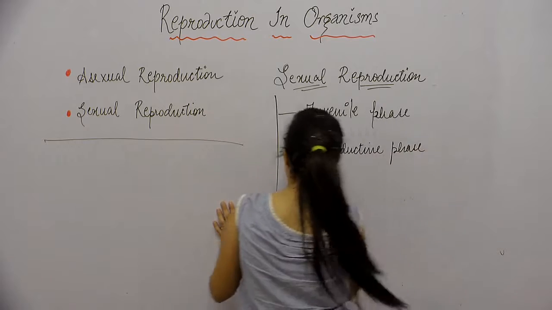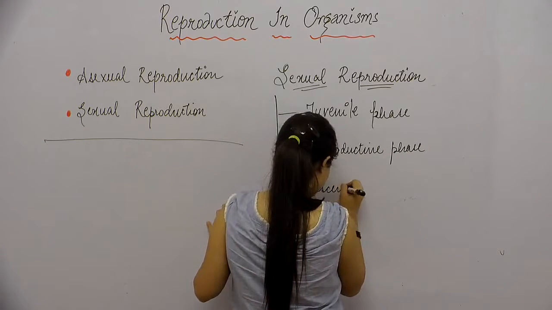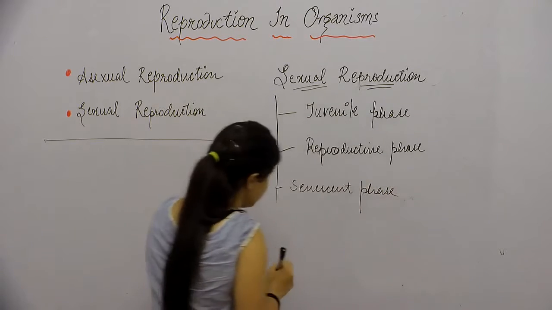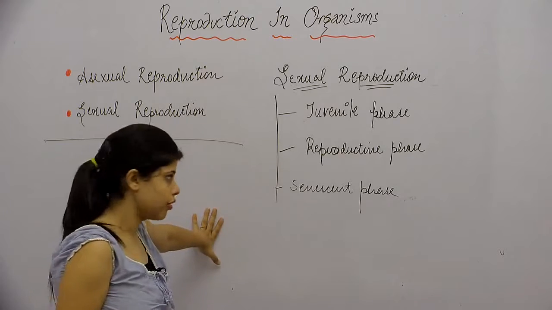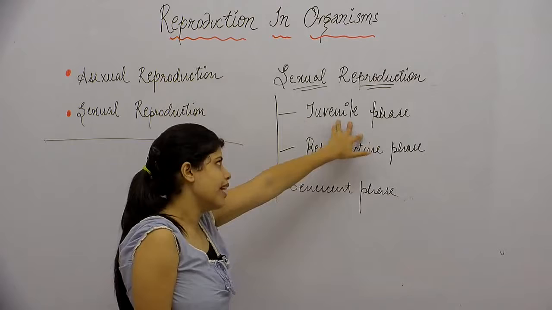And the third phase is known as the senescent phase. These are the three phases under sexual reproduction. So, what do you mean by the juvenile phase?